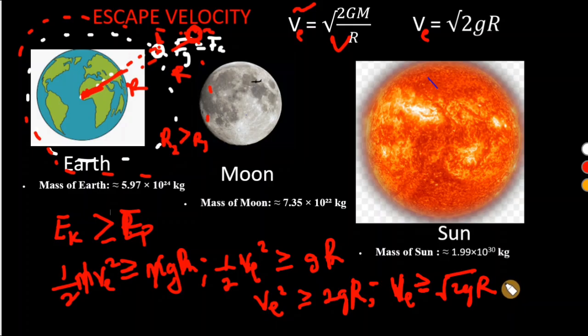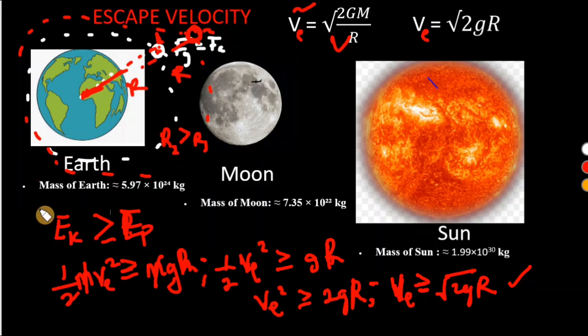We shall see how this applies. We see that a more massive body has a stronger gravitational pull. The more massive a body is, the more the gravitational pull.